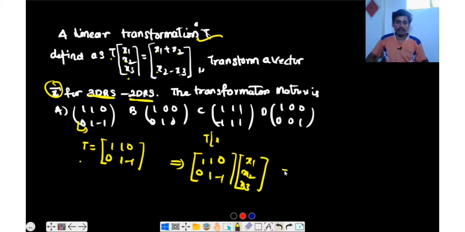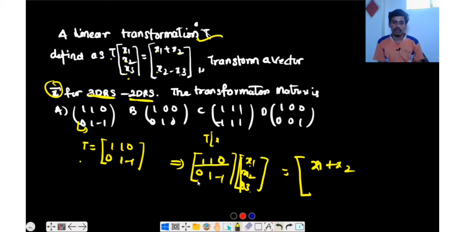You will get, from the first row and this column, 1 into x1 gives x1, plus 1 into x2 gives x2, plus 0 into x3 gives 0. Now the second row with this column: 0 into x1 is 0, 1 into x2 is x2, minus 1 into x3 is minus x3. So the transformation matrix is 1 1 0, 0 1 minus 1, option A.